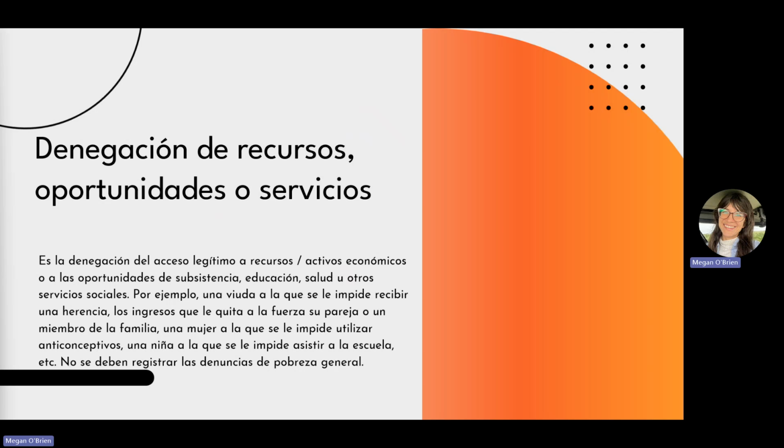Examples include a widow who's prevented from receiving an inheritance, earnings that are forcibly taken by an intimate partner or family member, a woman who's prevented from using contraceptives, a girl who's prevented from attending school. Reports of general poverty should not be recorded as an example of denial of resources, opportunities, or services.